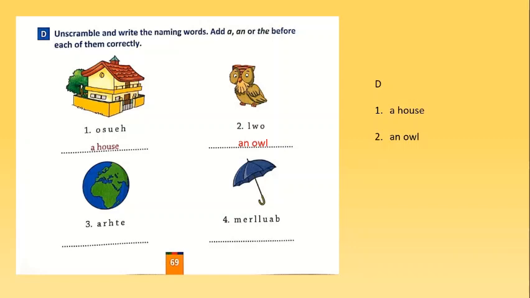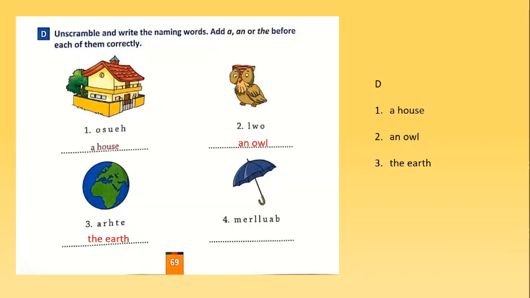And because E is a vowel, we will use, what will we use? Shall we use an? No. What do we use for something specific? We use the article the. Very good. So we use the earth.